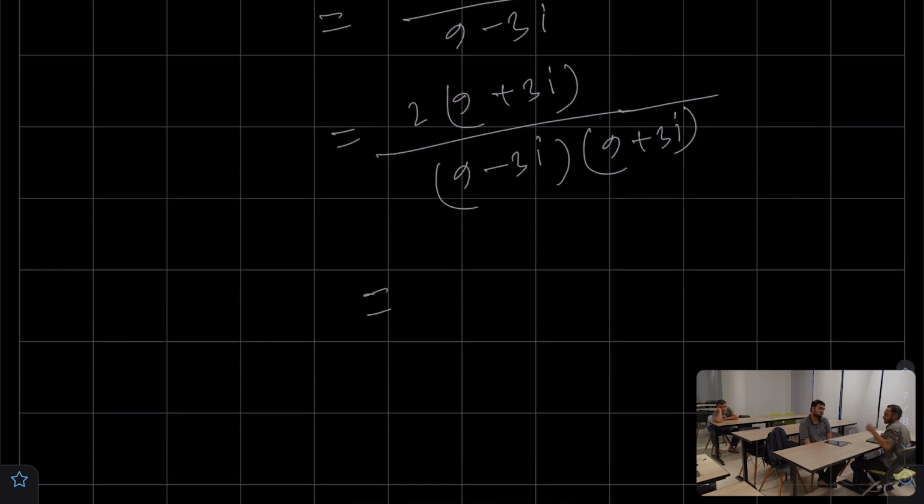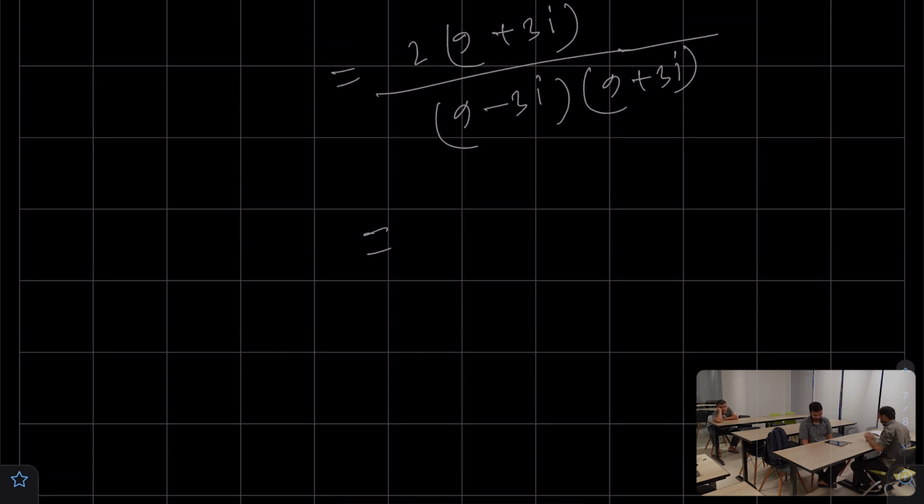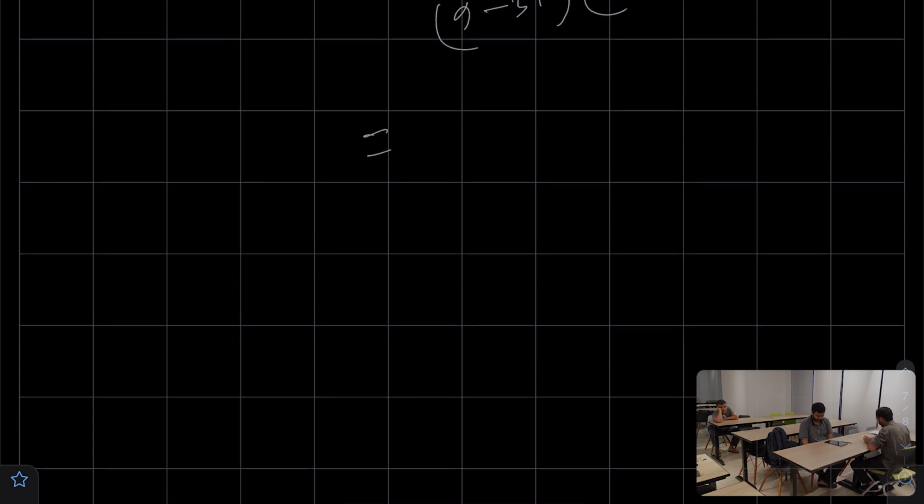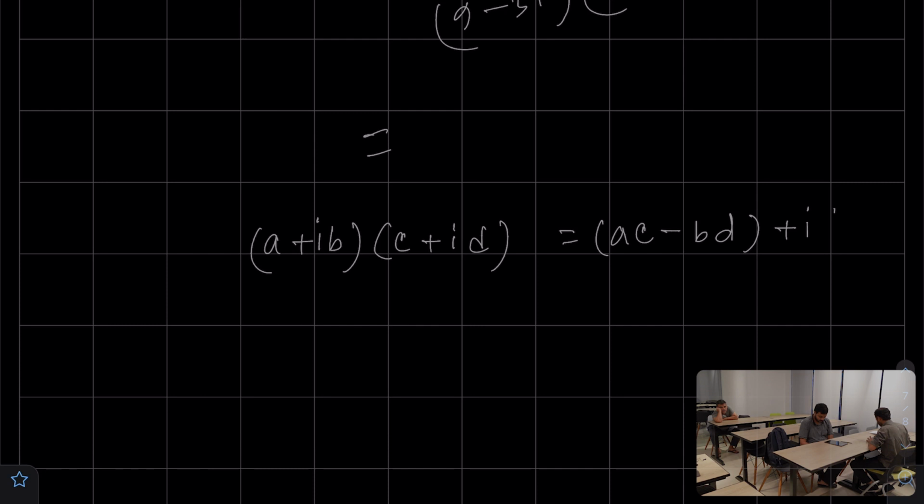We know that the multiplication of complex numbers is defined by (a plus ib) times (c plus id) equals (ac minus bd) plus i(bc plus ad).